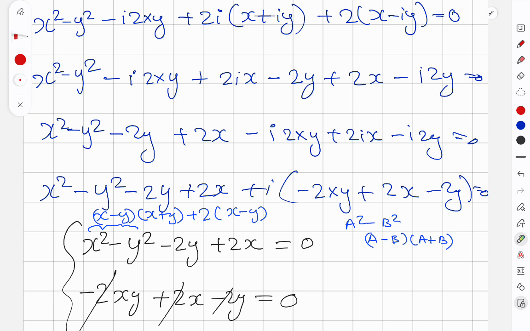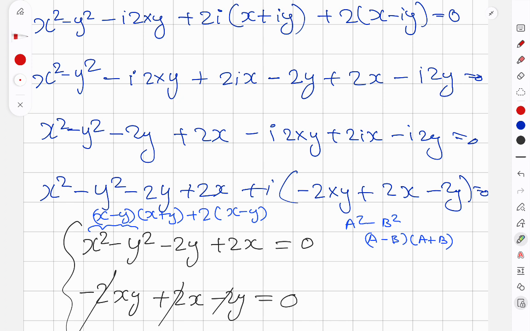Now we just need to bring the real parts to one side. So it's x square minus y square and minus 2y plus 2x. These are the real part, and the imaginary part is minus 2xyi plus 2ix, then you have minus 2iy equal to 0.